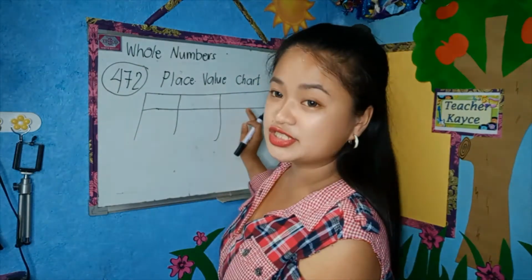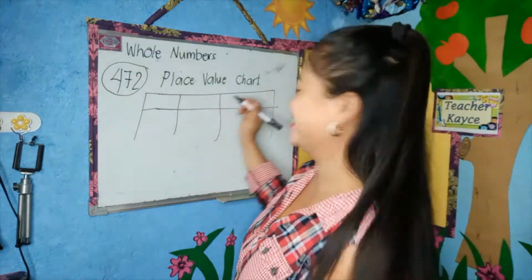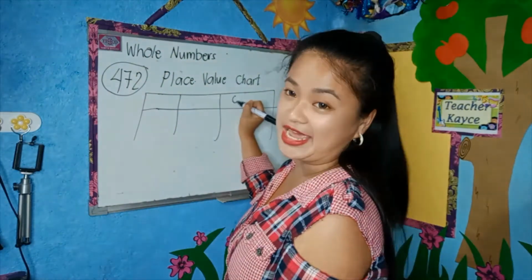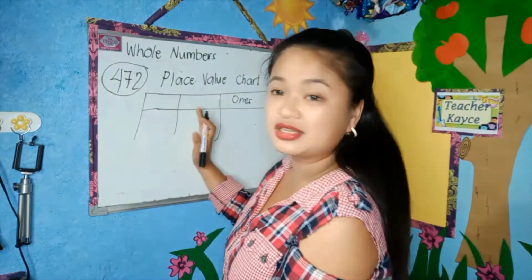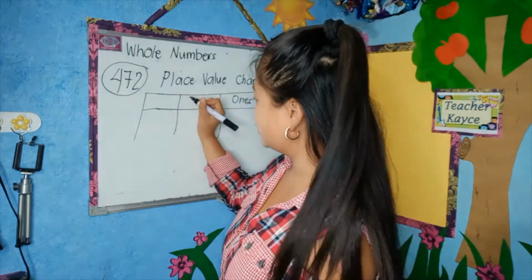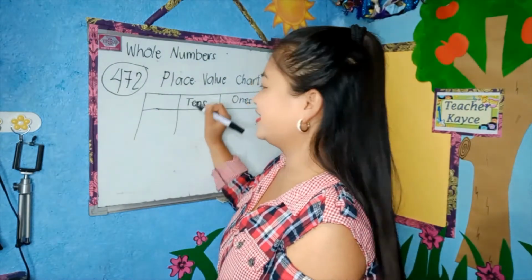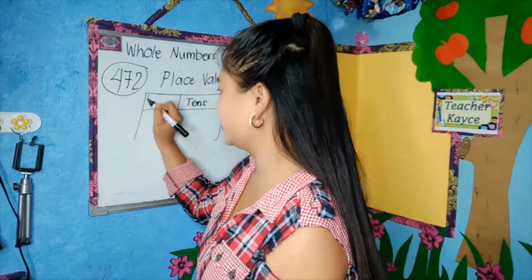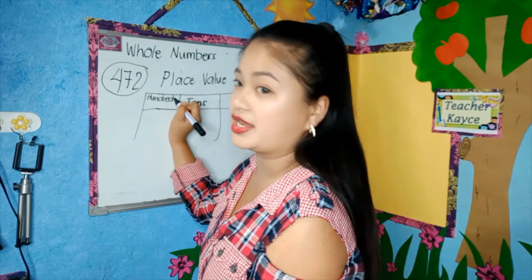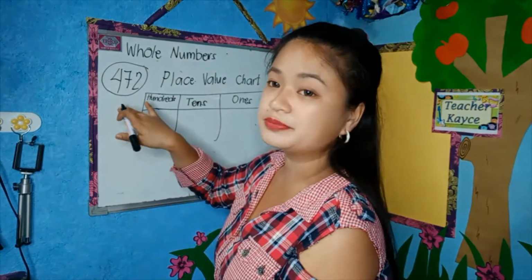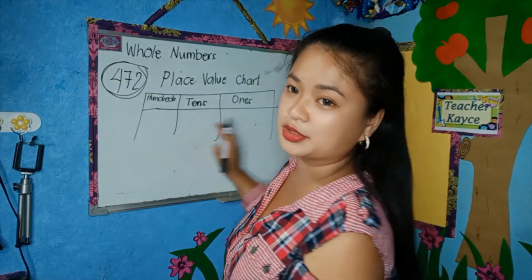For your first column, to your right, I should say, we call this ones. The middle column is your tens. And for the last, it's hundreds.